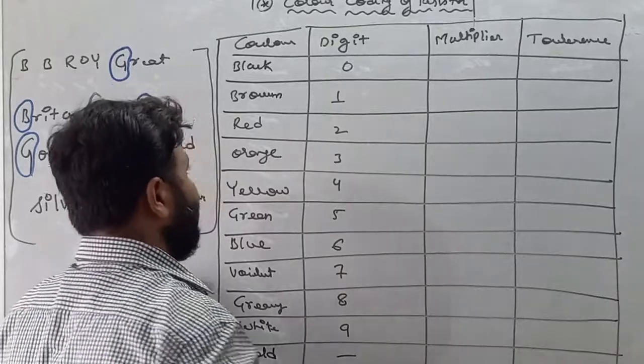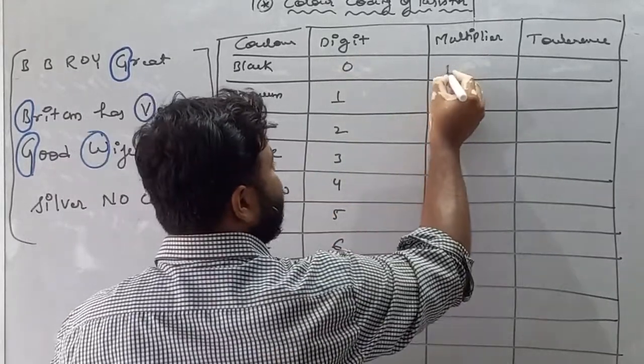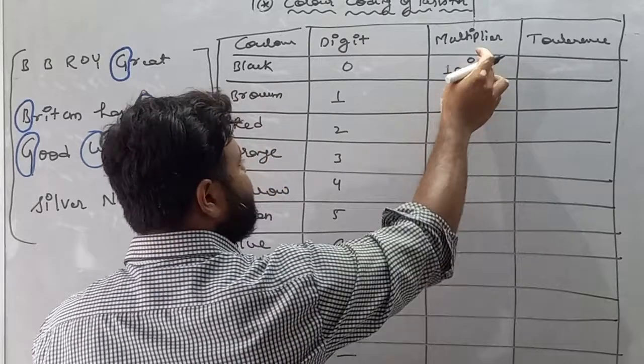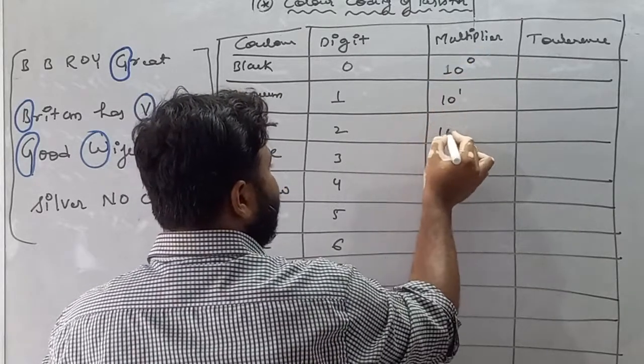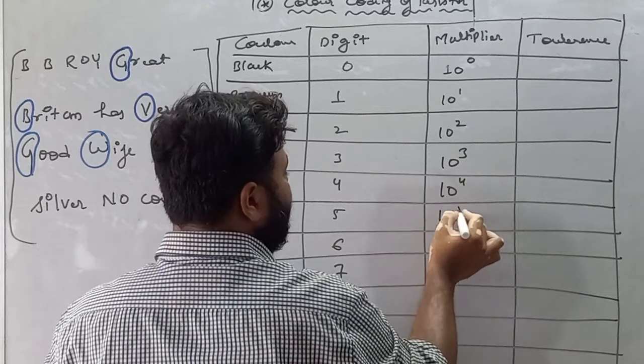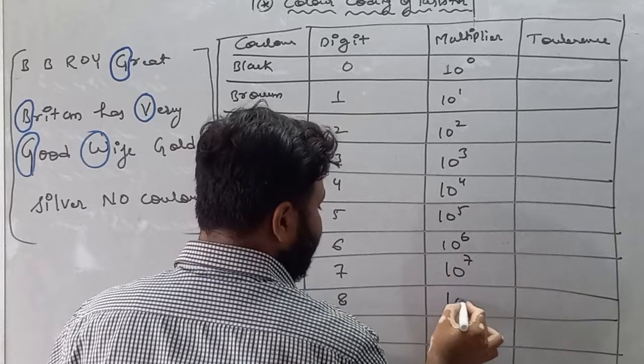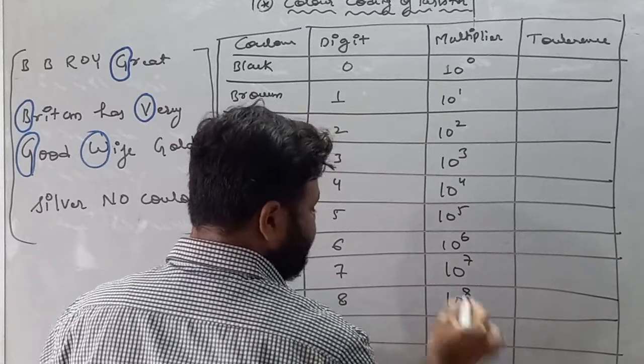Moving forward, multiplier. The digit becomes the power in case of multiplier. So it is 10 raised to power 0, 10 raised to power 1, 10 to the 2, 10 to the 3, 10 to the 4, 10 to the 5, 10 to the 6, 10 to the 7, 10 to the 8, 10 to the 9.